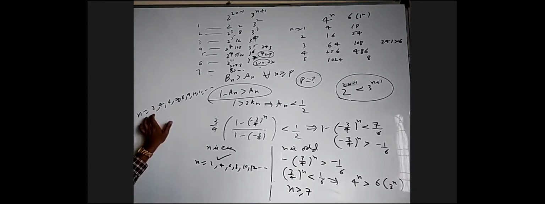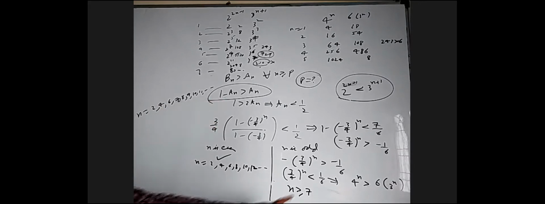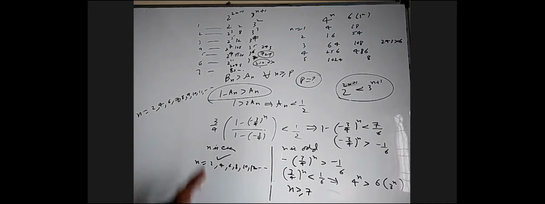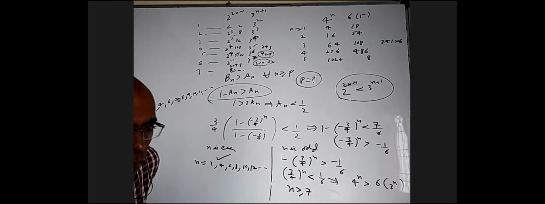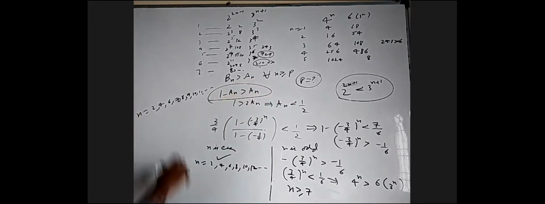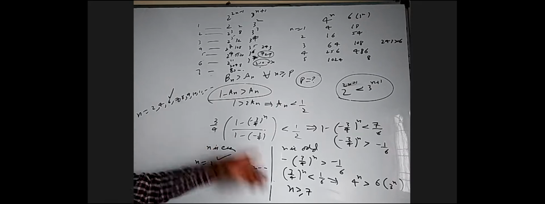It is true for 2 also, 4 also, 6 also. After that, everything. Okay. This will cover greater than or equal to 7 all odd numbers. This will cover all the even numbers after 6. So if they did not say odd number, if they say p is an integer such that the statement is true for all n greater than or equal to p, your answer is actually 6. Okay. If they said least odd number, then it should be 7.